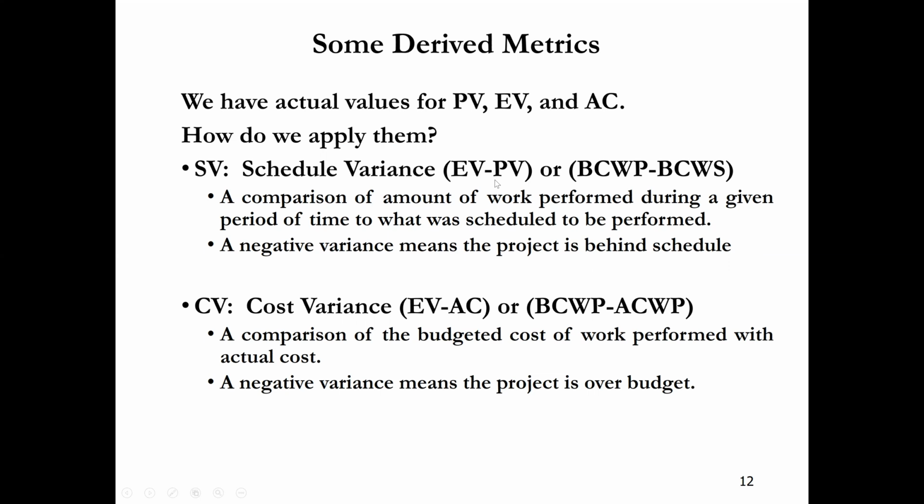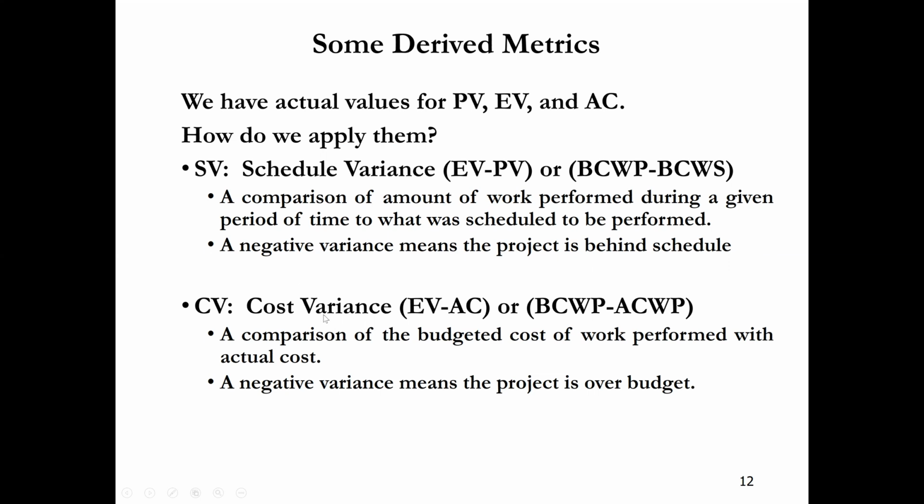EV is earned value and PV is planned value. EV is less and PV is more. Planned value is more and earned value is less, so we receive less money from the owner while we spend more. A negative value means that we are behind schedule. This is schedule variance.